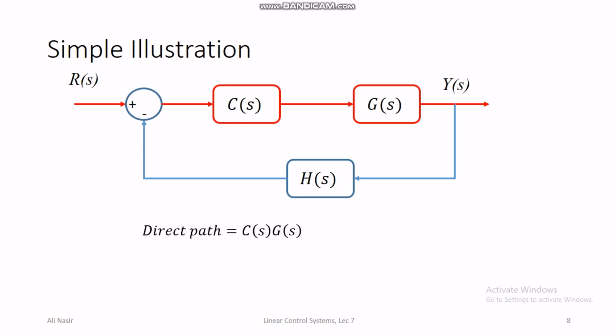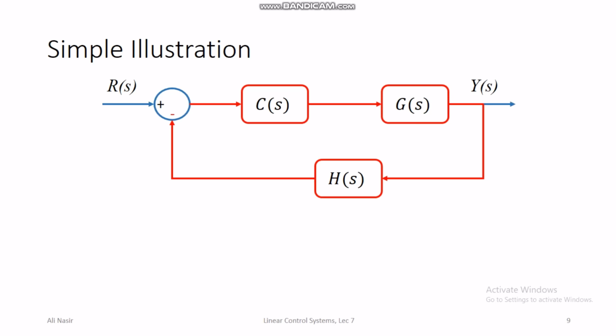So direct path is c of s multiplied by g of s. Then when you look at the loop gain, I have highlighted the loop in red. The loop involves three blocks, c of s, g of s and h of s, and also a negative sign. So loop gain in this block diagram would be minus c of s, g of s and h of s.